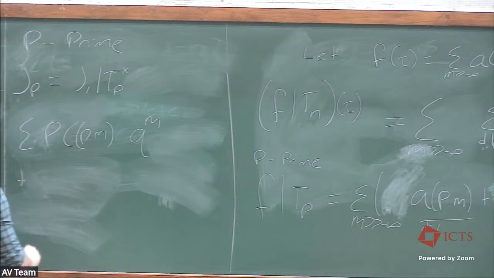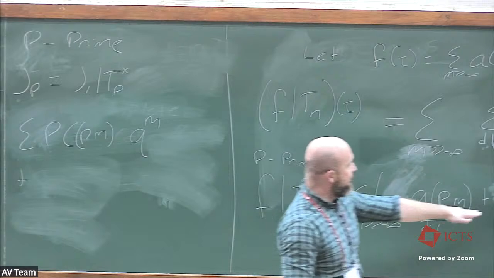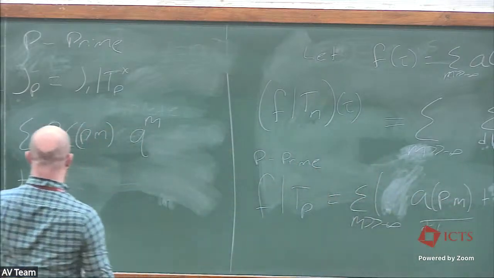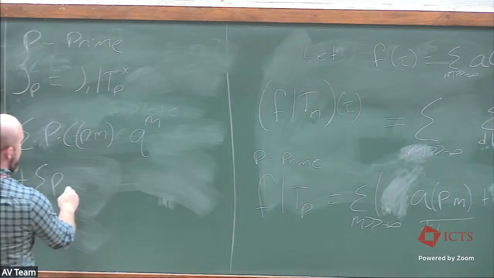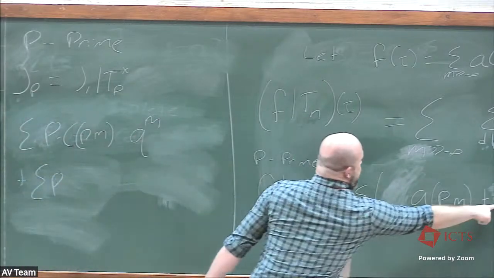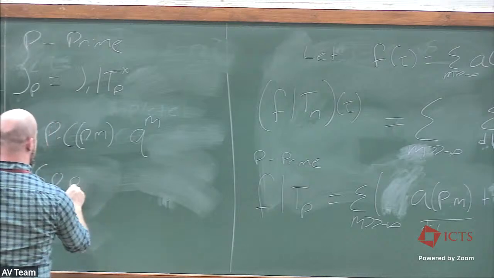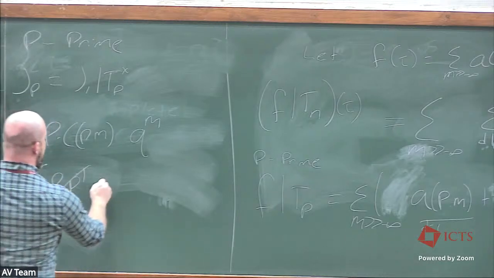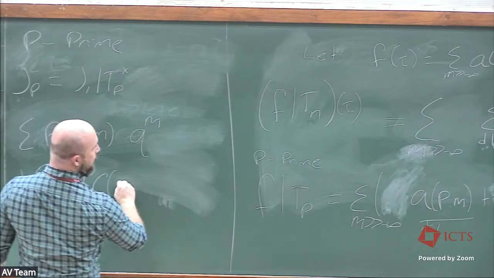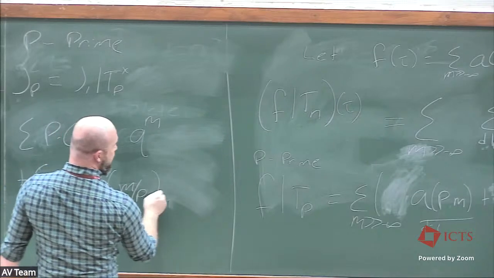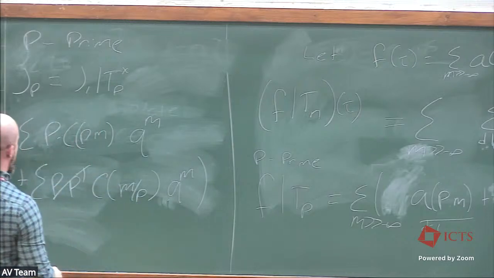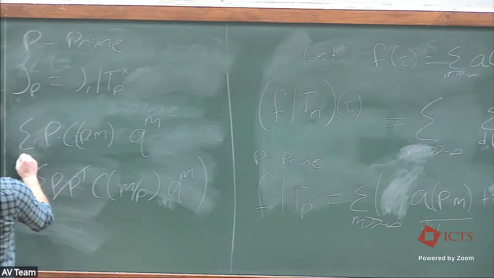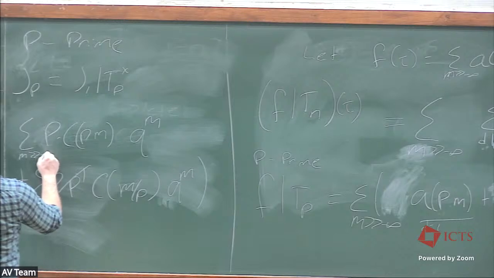Plus, I have the terms coming from this piece: I sum my p for my renormalization times this p inverse, and we're going to cancel c of m over p times q to the m, where m is greater than minus infinity.